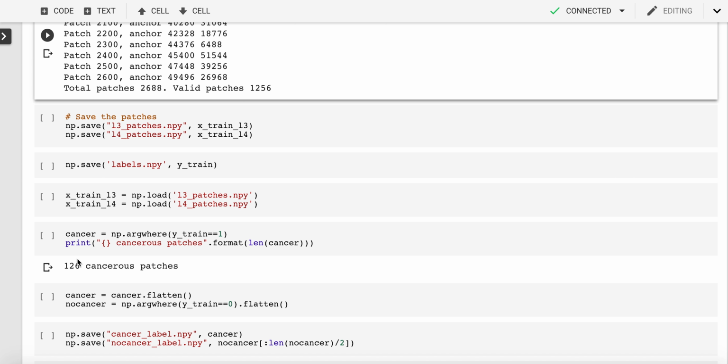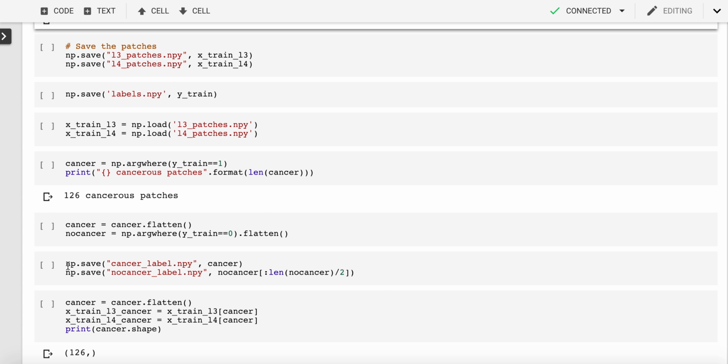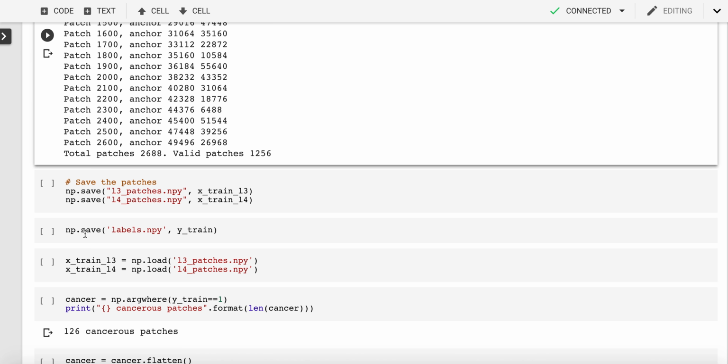In total we have more than 5,000 valid patches, but only around 126 cancerous patches.